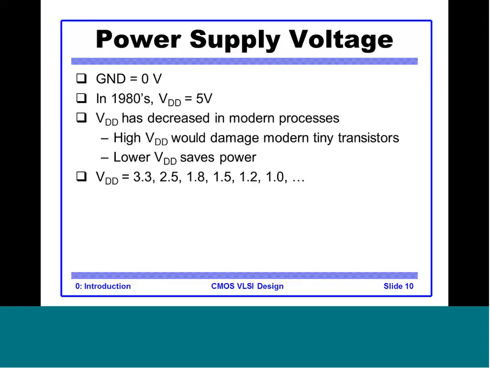This line shows the progression of VDD. Right now, most technologies in production use 1 volt, and some even use 0.9 or 0.8 volts. This is why you see the prevalence of battery powered devices. They are only possible because VDD is low. If VDD was as high as 5 volts, the battery would exhaust very quickly.